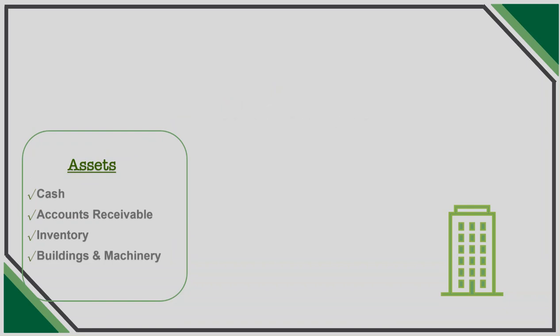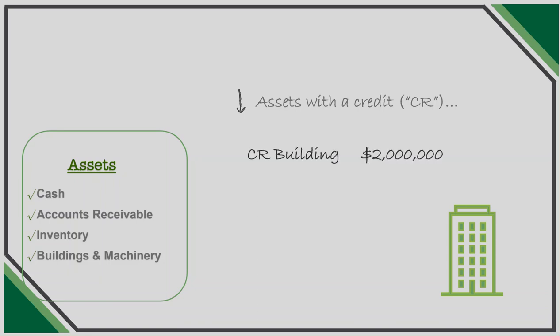If a company has a decrease in assets because they use cash or sell an asset, this reduction is done by doing the opposite. In other words, they credit the asset account for the amount of the reduction. Let's assume instead that the company already had the building in their company and they're now selling it for $2 million of cash. The removal of the building asset from financials is done as a credit to building for $2 million.